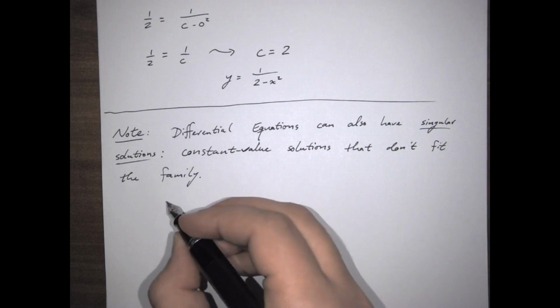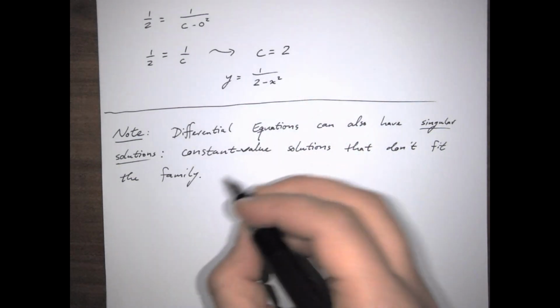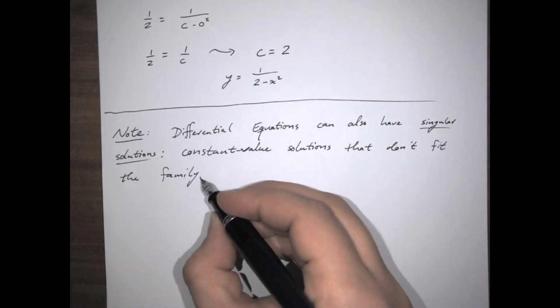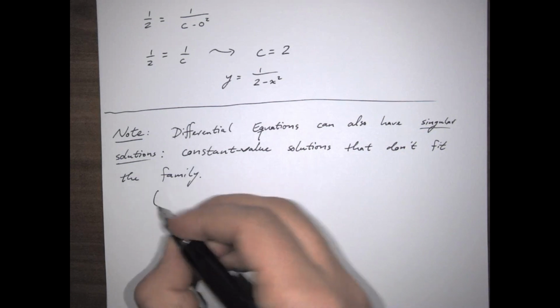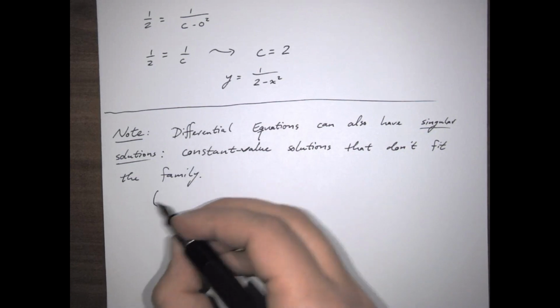So for example, they're constant value solutions, and the way these almost always work is they're constant values of y that make the derivative always equal 0.